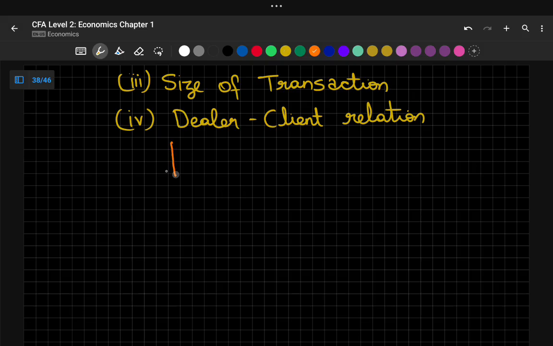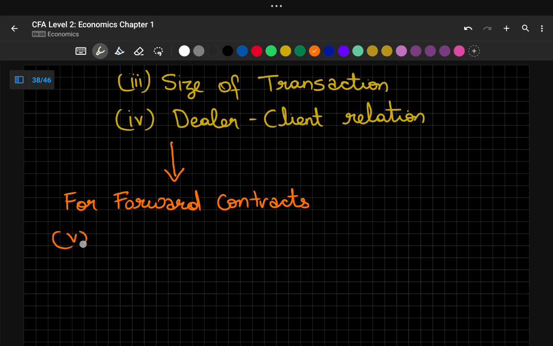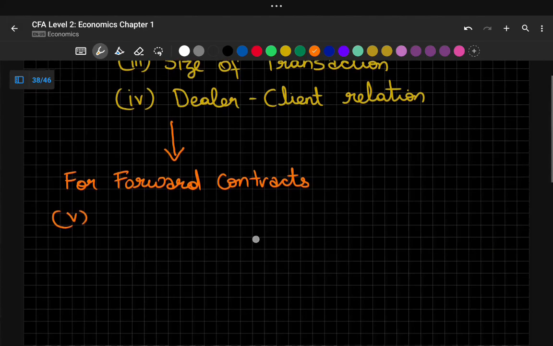Now, in the case of forward contracts, there is one additional point that affects bid offer spread. For forward contracts, the duration of the contract also affects the bid offer spread.